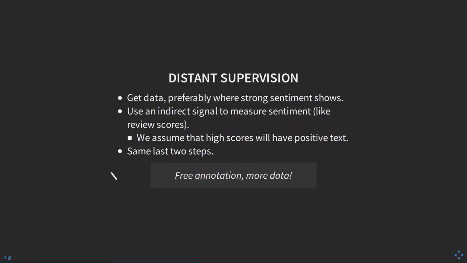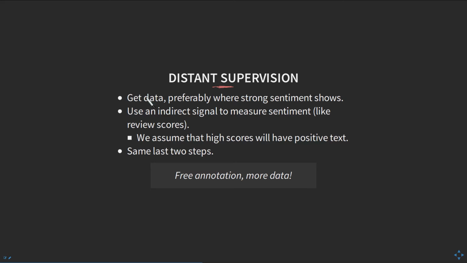This is quite an important concept if you're working with limited resources, or just want to generally get some classifier together without doing a lot of work on labeling or employing annotators for you. This can be of huge help. So let's get into how this works.